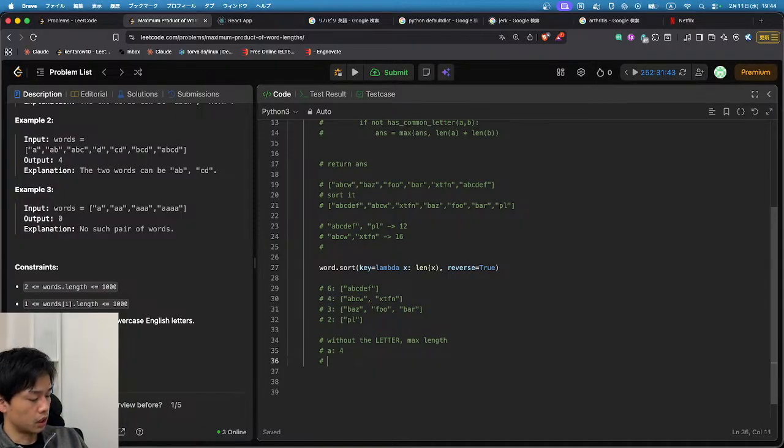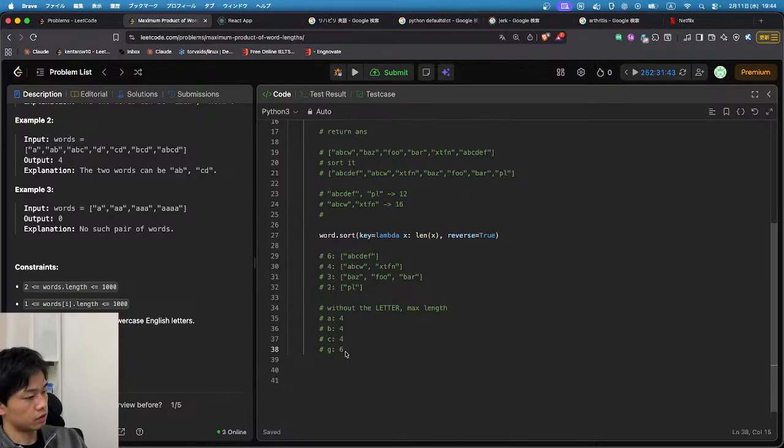And for B it is as well, C is as well, and so on, 6, like that.